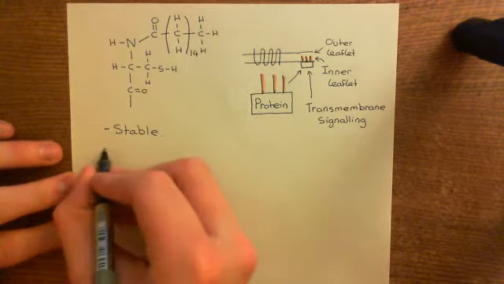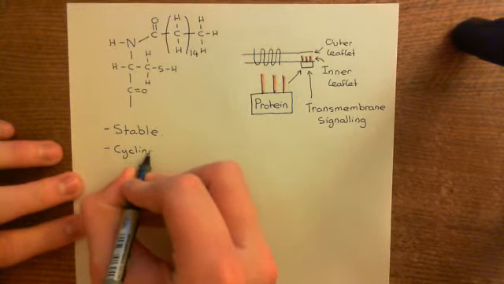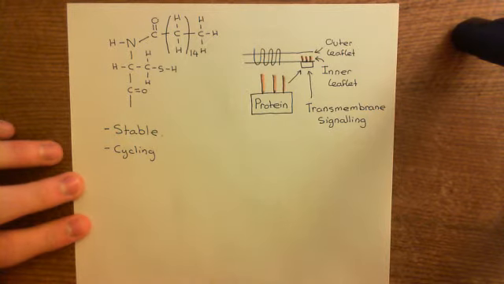Or what can happen is you can get cycling. Okay, so the alternative is that the cysteine residue can continuously have palmitoyl groups put onto it, and then they can be taken off. Okay, and then they can be put back on and taken back off.